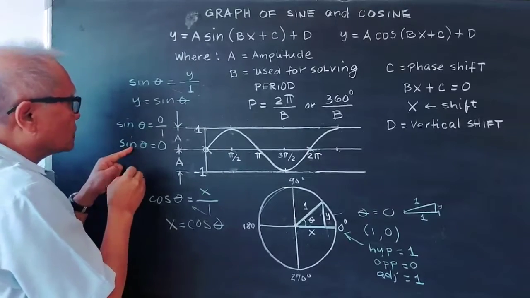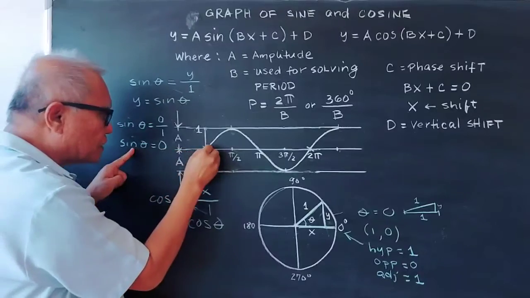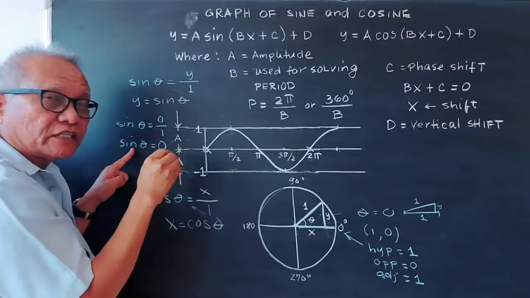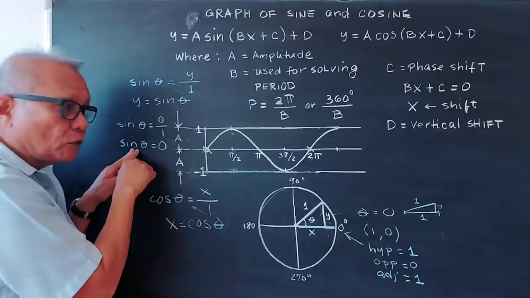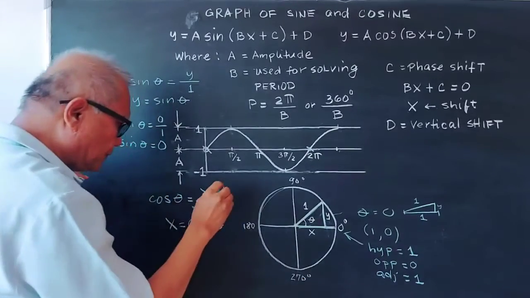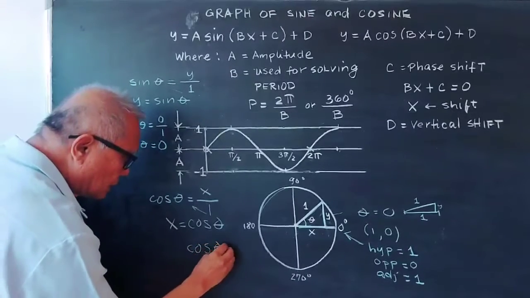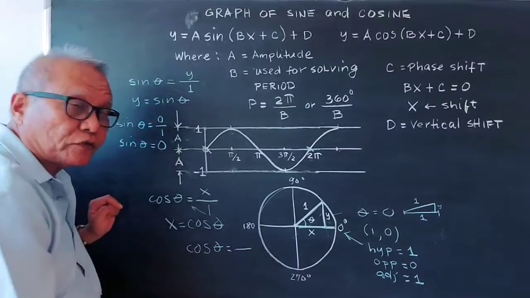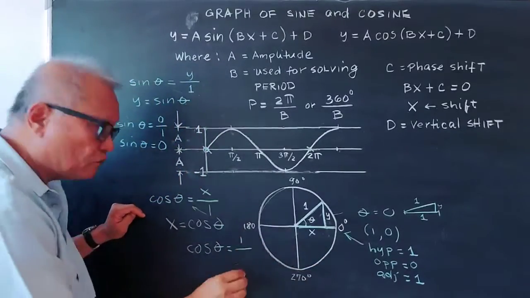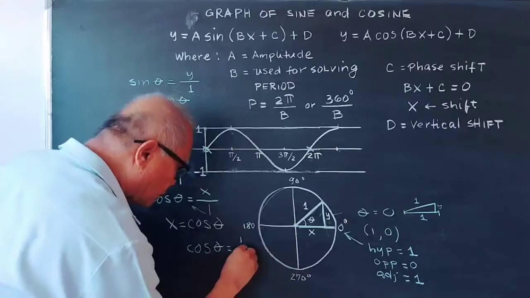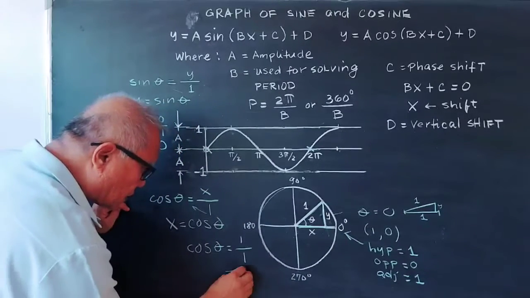Therefore, because the value of sine theta is 0, that's why we start from 0 for sine theta. What about cosine theta? Cosine theta is equal to the adjacent, which is equal to 1, over the hypotenuse, which is also equal to 1. Therefore, the cosine theta starts on 1.